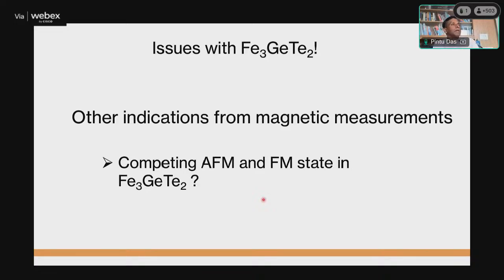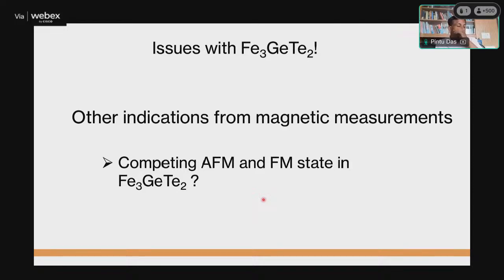But all of these instruments come with some sensitivity limit, right? If you are really going towards the two-dimensional limit, so your sample volume is very small, and if the magnetic moment in the sample is not very large, you may not be able to measure anything with the SQUID for the two-dimensional devices.